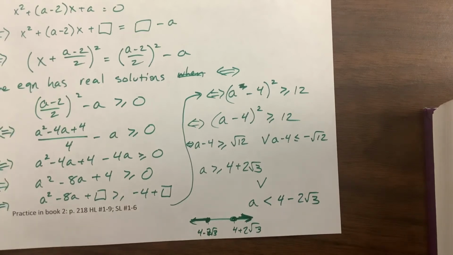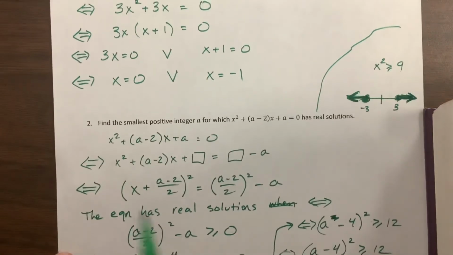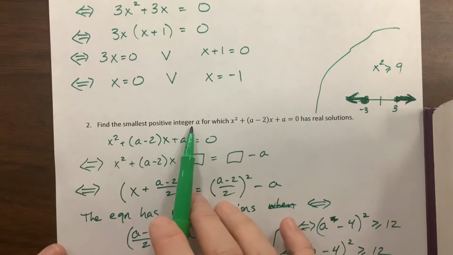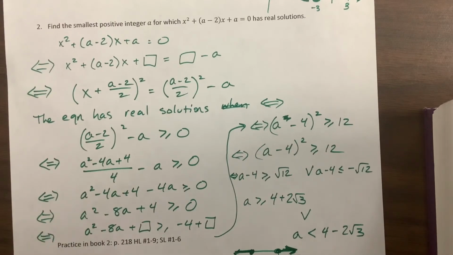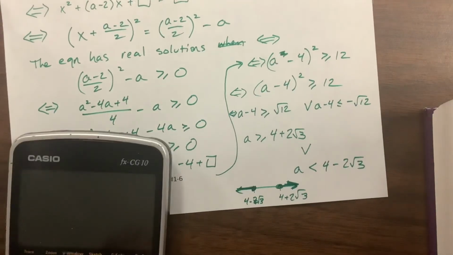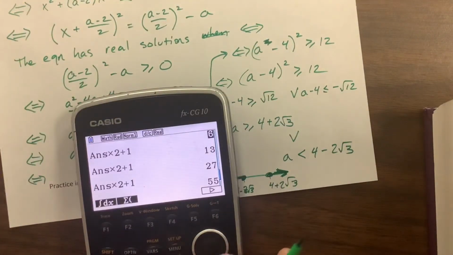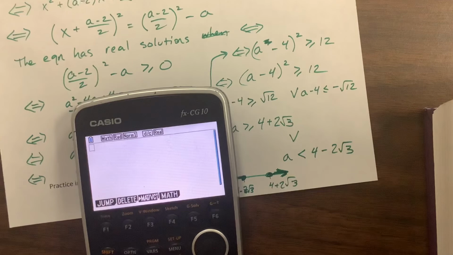Okay, but we haven't answered the question. It says find the smallest positive integer, so it has to be positive. Is this 4 minus 2 root 3?